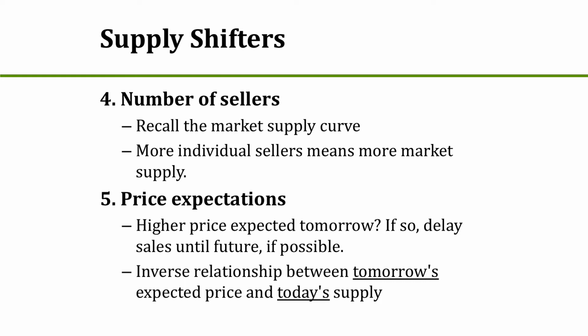That's why you want to sell all of your products today. When there is a decrease in tomorrow's expected price, you want to sell more today. Again, there's an inverse relationship. And this inverse relationship basically shifts the supply either to right or left.